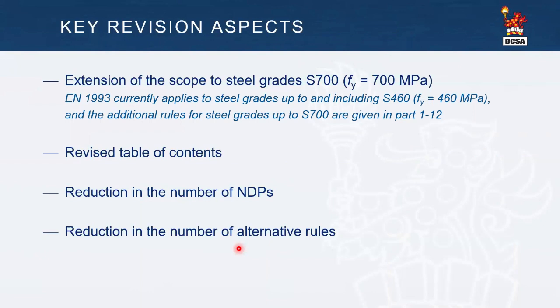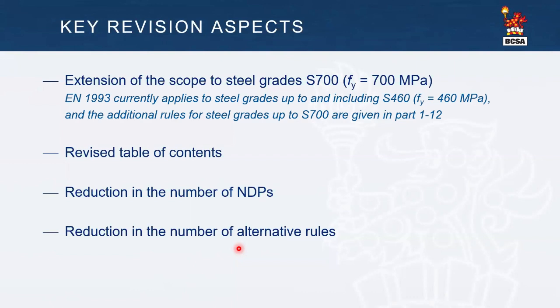This slide summarizes the key revision aspects for the second generation. In the revised standards, the rules for steel grades up to S700 have been incorporated into the various parts and subparts of Eurocode 3.